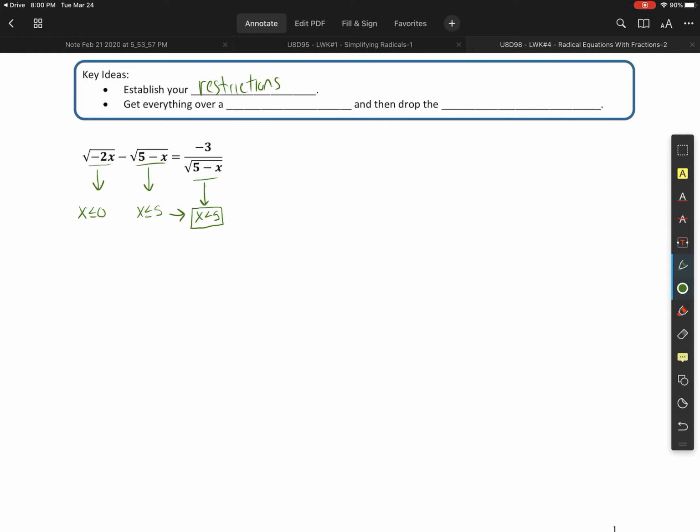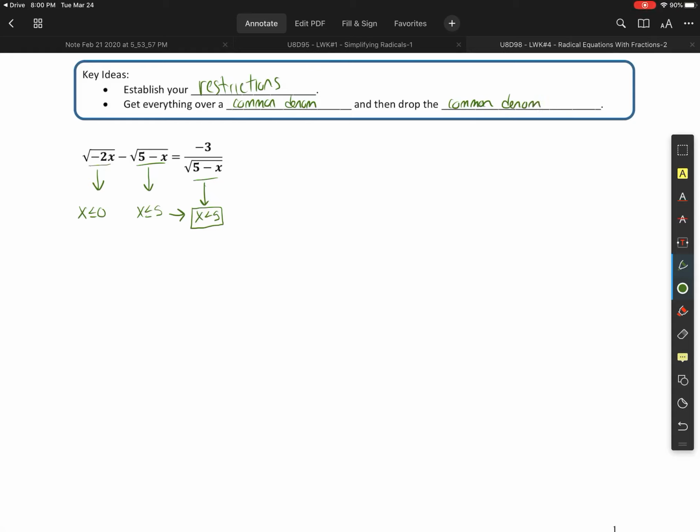Now, how do we go about solving this problem? In this situation, we want to get everything over a common denominator. Once we've done that, we drop the common denominator.